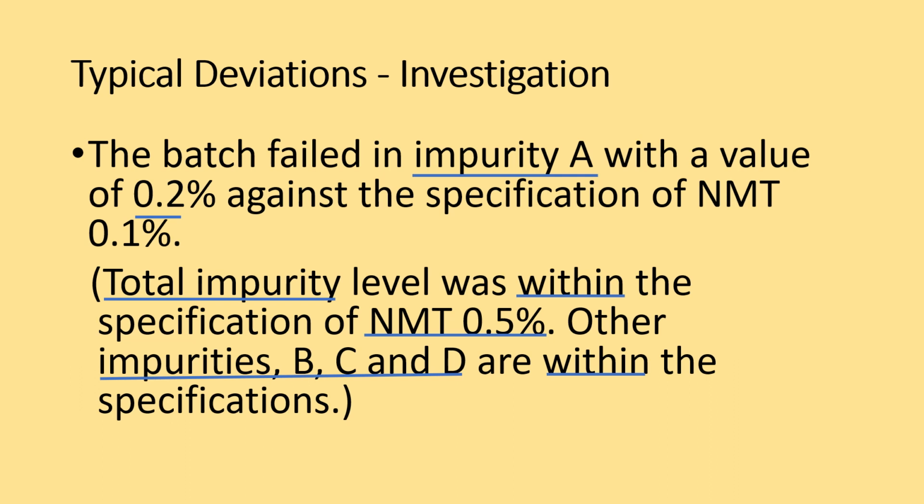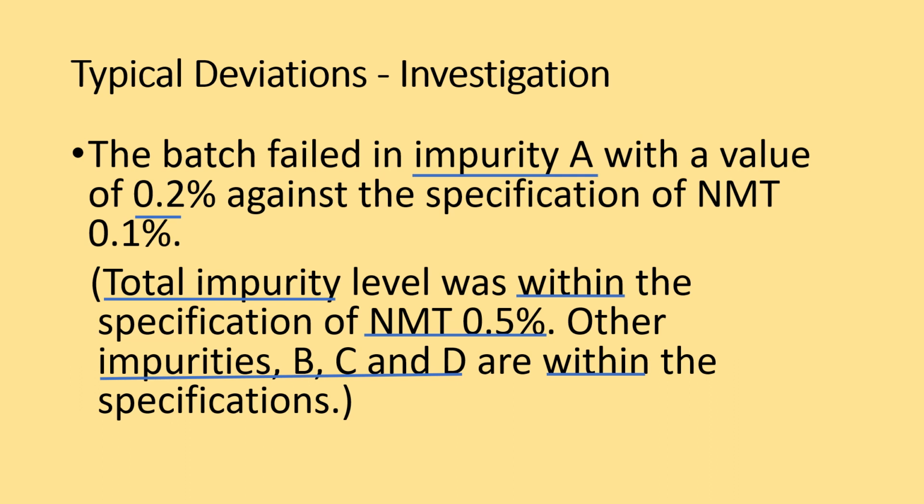So you have to investigate from which input raw material this impurity is coming into the product. Let us assume that this impurity A is a degradation product or a process impurity from a particular raw material used in the process. Then move on to the source of that raw material. Check if it was procured from the same approved vendor or from a different supplier.